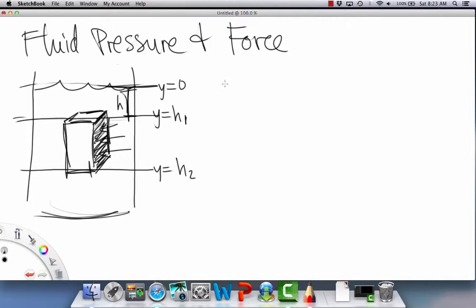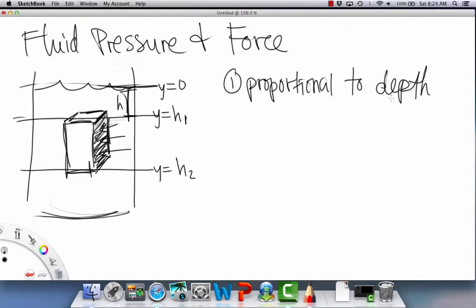Okay, so a couple things about fluid pressure. Number one, as I've been explaining, it is proportional to the depth. Okay, and again, depth is measured from the water line, which is the top, which is equivalent to y equals 0.